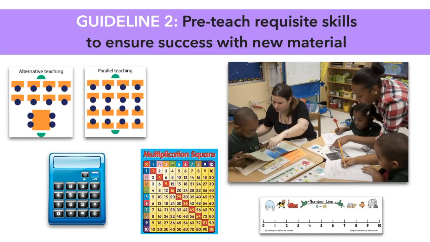You can also utilize your co-teachers or paraprofessionals if you have them to help practice prerequisite concepts before a lesson. And if you plan to use instructional or assistive technology to offload lower order skills like basic math facts during those lessons, you still need to make sure you teach the students how to use those tools for learning.